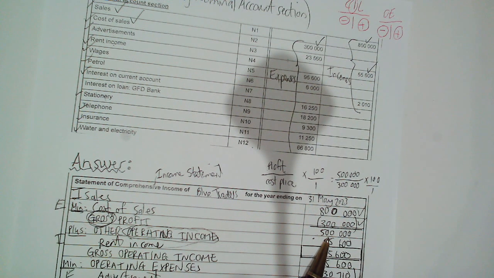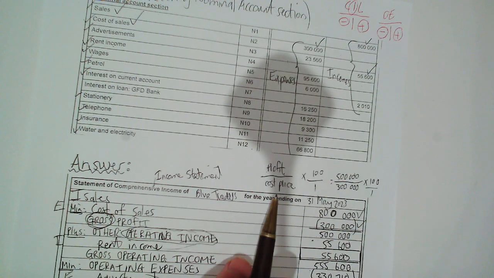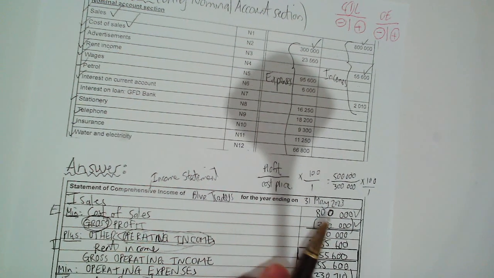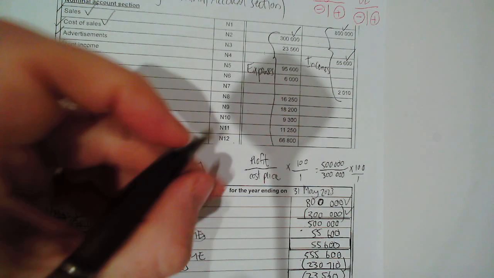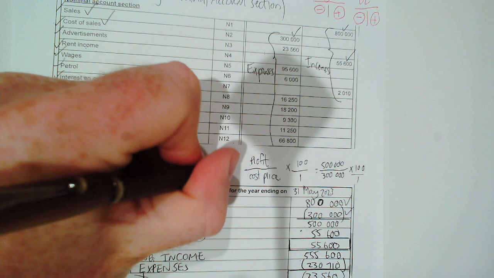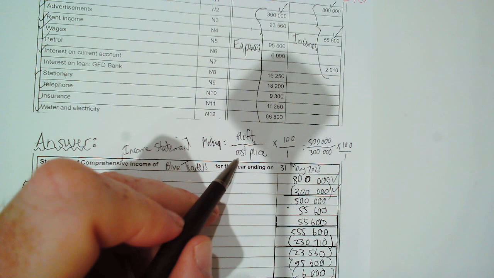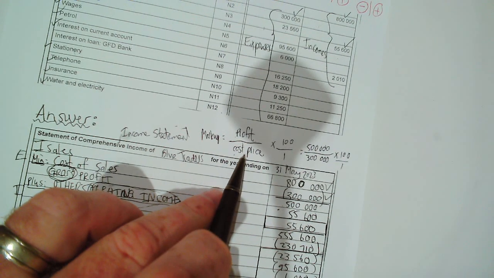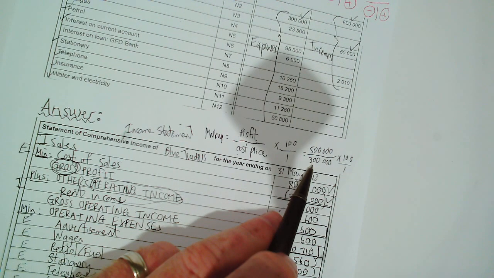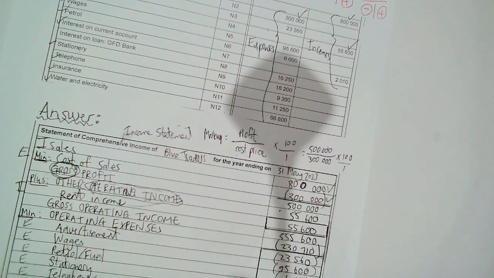Now, I didn't ask you to do this, but I'm just going to show you how you work out the markup on this. The markup is how much profit you are making on this item. So profit divided by cost price times 100. Cost price, cost of sales, same thing. 500,000 divided by 300,000 times 100.